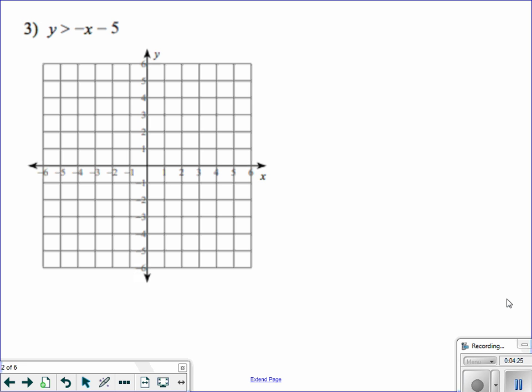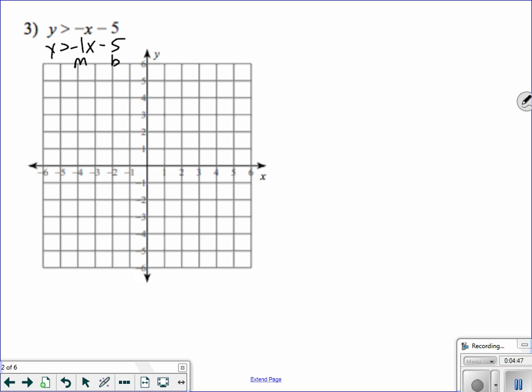All right, the next one here, this is number 3 on your worksheet. For this one, we've got y greater than, and remember that negative in front of the x can be negative 1x. So remember the negative 1 is your m, the negative 5 is your b.